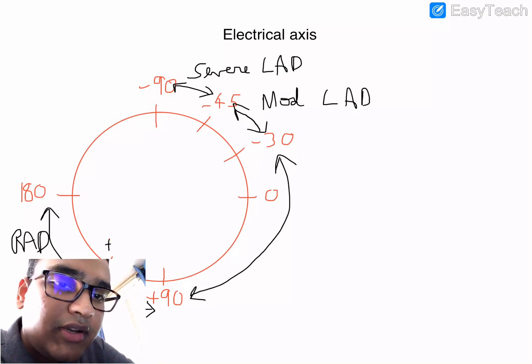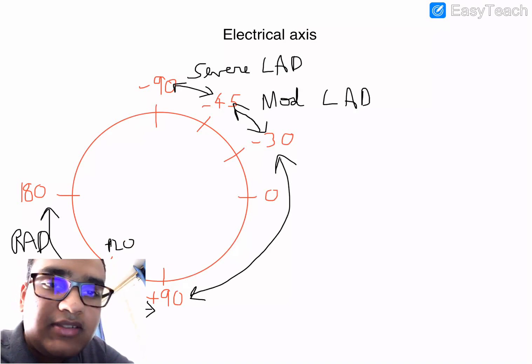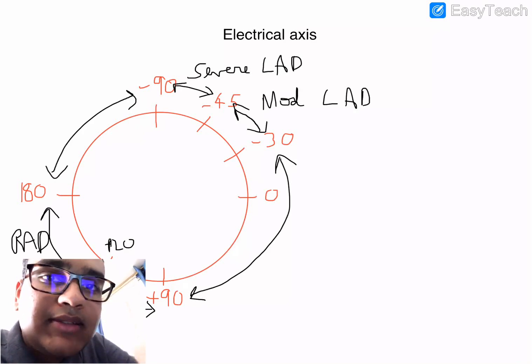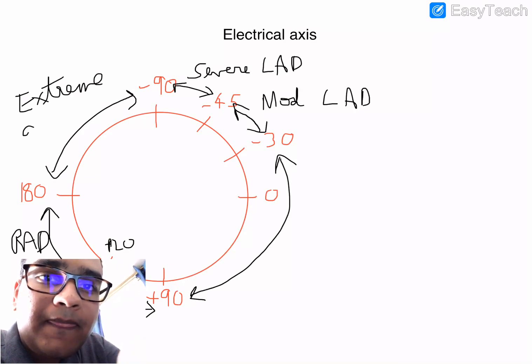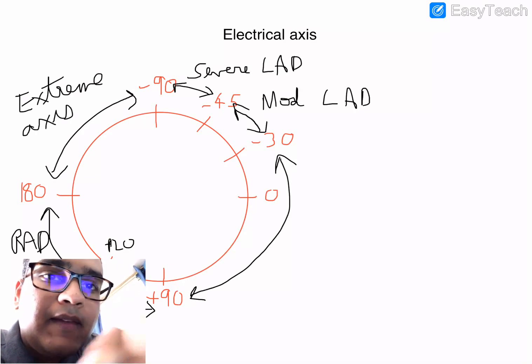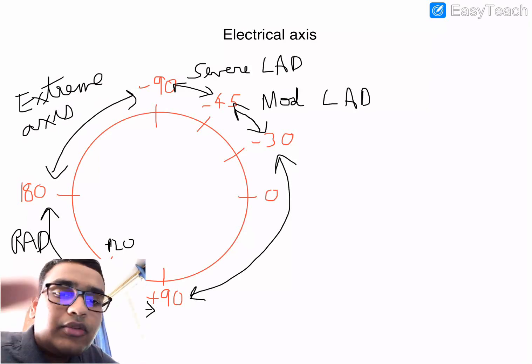Again, till plus 120 you can call it moderate, and then later on it can be severe. From plus 180 to minus 90 is extreme axis deviation. So how do we calculate the axis of the heart using ECG?